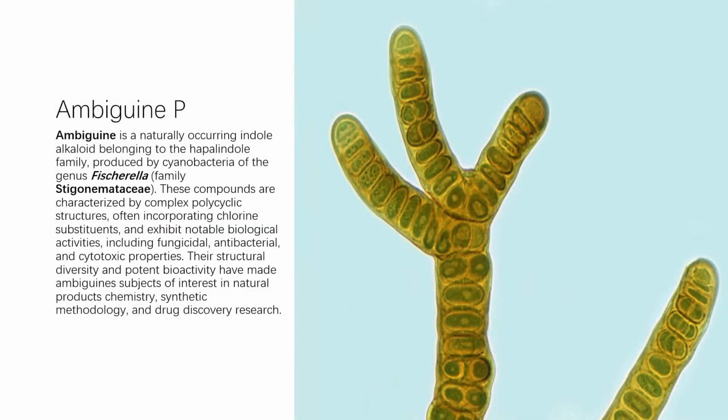Yes, this is the Ambiguine P. Well, this big giant green plant is definitely not the Ambiguine P. So Ambiguine P is a naturally occurring indole, blah blah blah, and yeah, it's just a random introduction I put over here. It's produced by a cyanobacteria of the genus Fischerella, of this very long family, which I'm not going to read. I'm sorry.